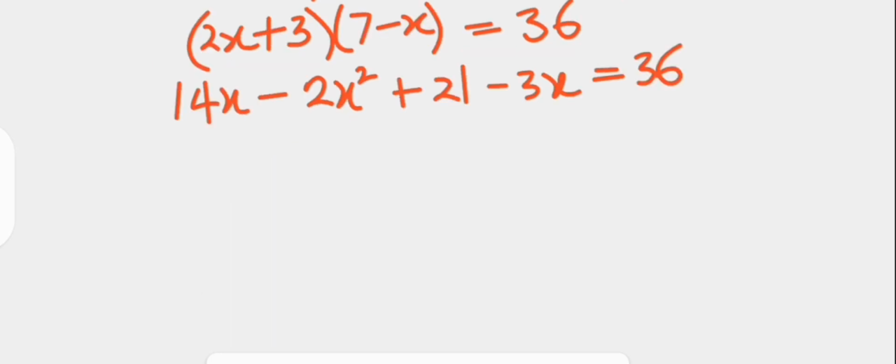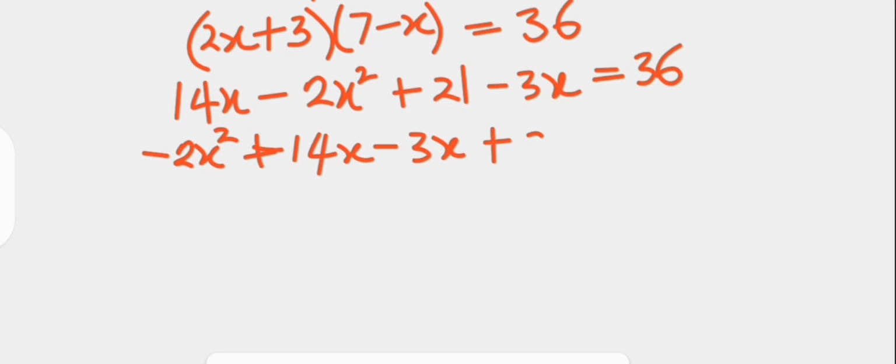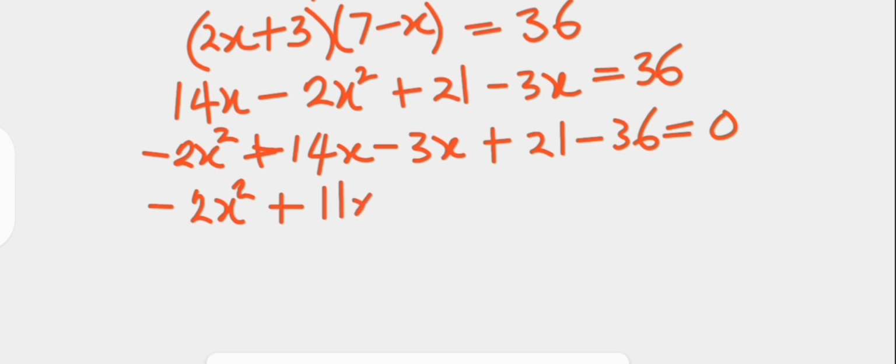We rearrange and bring 36 to the left hand side. Putting the highest power of x first, we have negative 2x squared plus 14x, then minus 3x plus 21 minus 36 equals 0. So we have negative 2x squared, then plus 14 minus 3 gives plus 11x, and 21 minus 36 gives minus 15, equals 0.